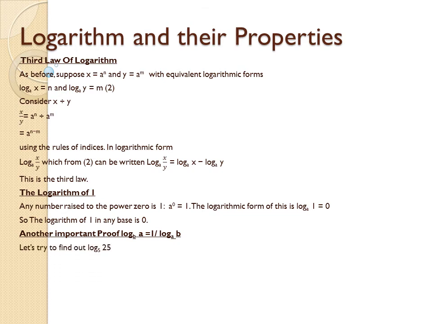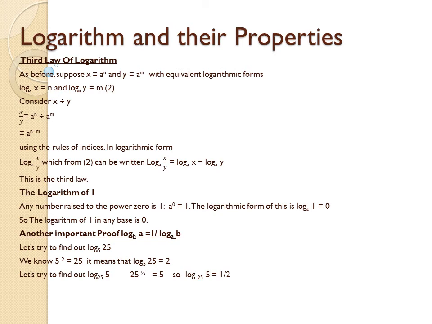So let's find log 25 to the base 5. 5 squared equals 25, so log 25 to the base 5 equals 2. Again, let's find another logarithm, log 5 to the base 25. 25 to the power half means 5, because root over 25 equals 5. So in logarithm form, log of 5 to the base 25 equals half.